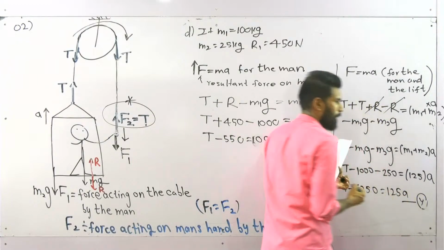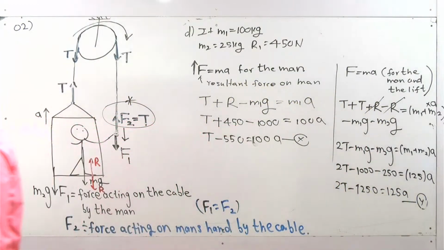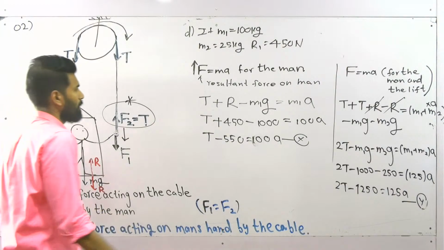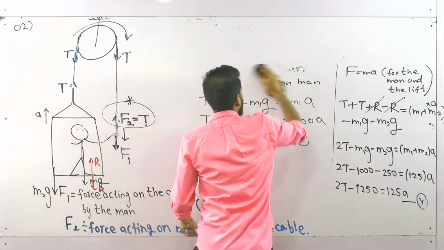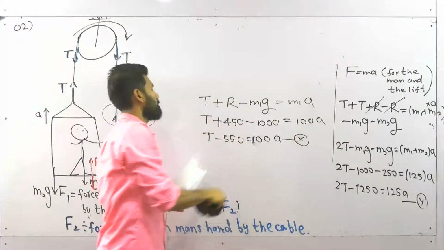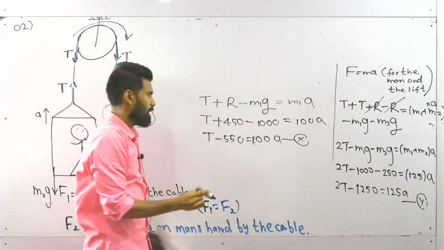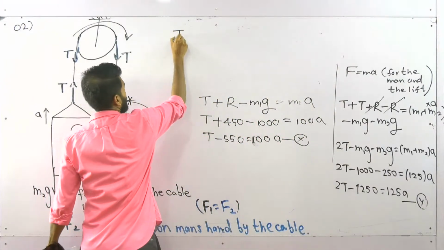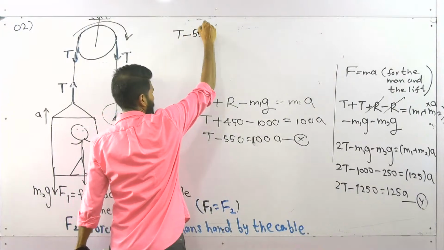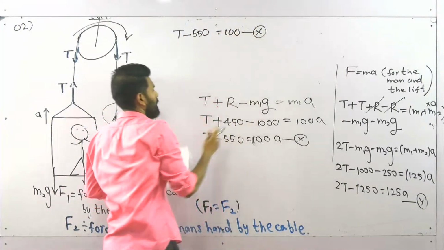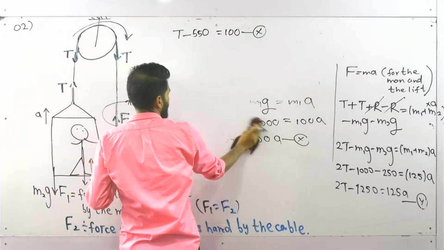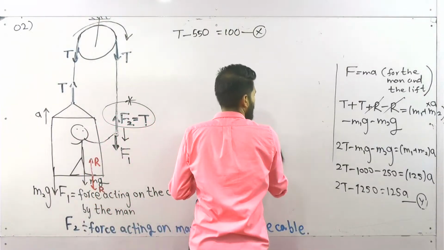Now I can solve equations X and Y in order to find the final answer. I applied F equals MA for the man only and got this equation: T minus 550 is equal to 100A, equation X. Then I applied F equals MA for the man and the cage both.